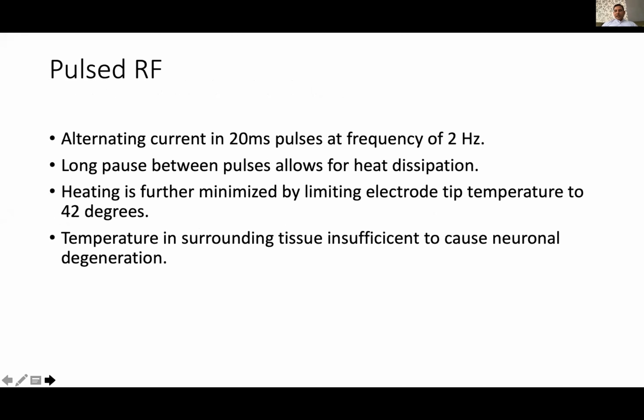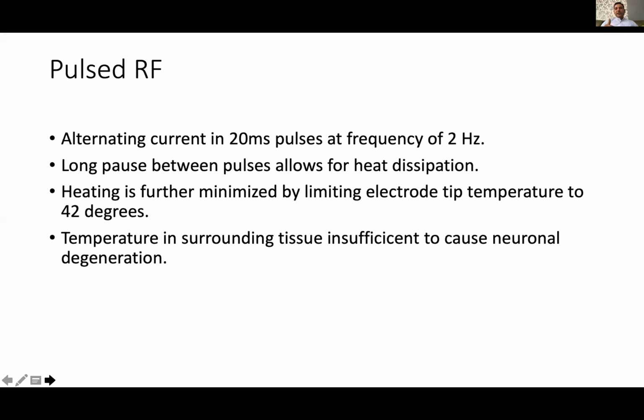What is the difference between conventional RF and pulse RF? In pulse RF, the alternating current is given in 20 millisecond pulses at a frequency of 2 hertz, and there is heat dissipation because there is a big pause between the pulses. The heating is further minimized by the electrode tip temperature, which is fixed at 42 degrees Celsius.